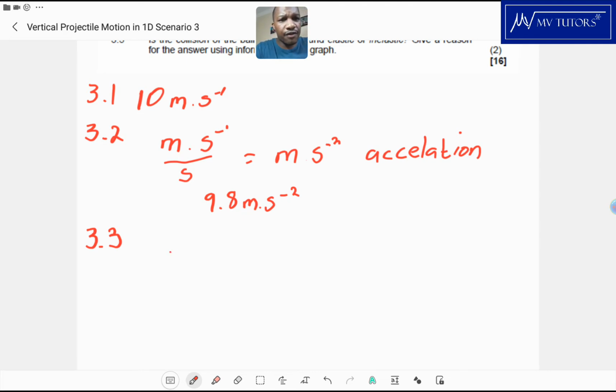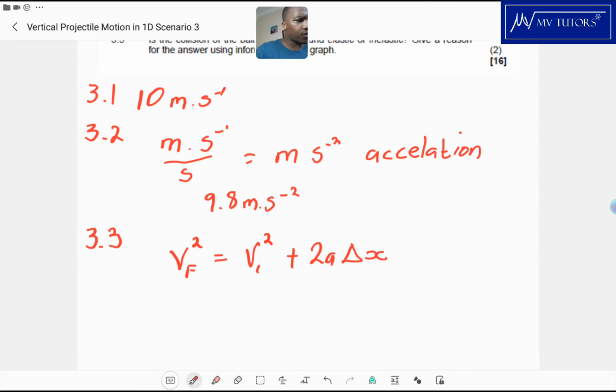I'm going to choose the final velocity one, where final velocity squared is equal to initial velocity squared, plus 2a, and then the change in displacement.